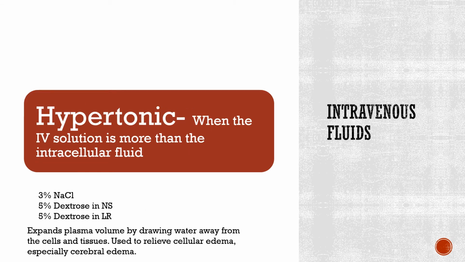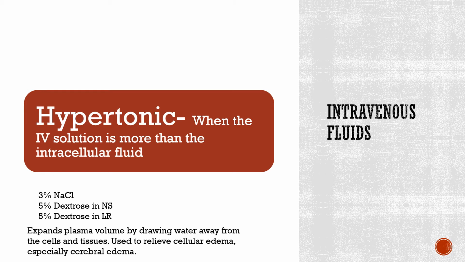And the opposite would be the effect of hypertonic solutions, because when I'm administering something like 3% sodium chloride or 5% dextrose in normal saline or 5% dextrose in LR, I am administering a fluid volume that has more of the party.